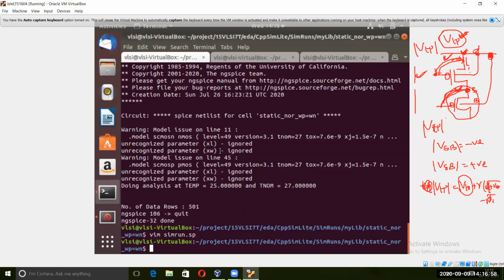When you are increasing this voltage, because the drain node of M2 is fixed, that means this VSG is decreasing.